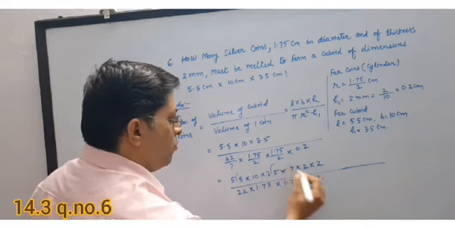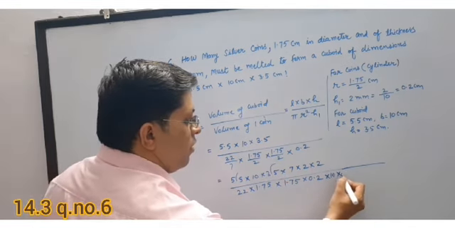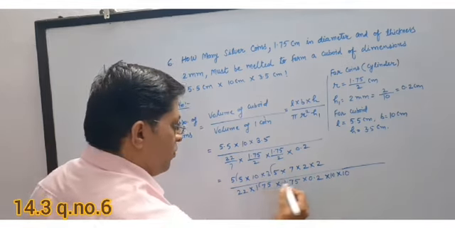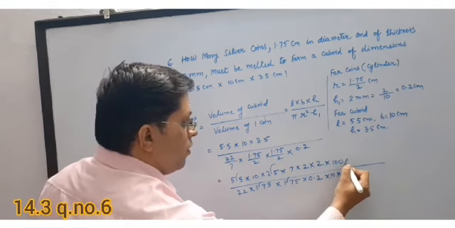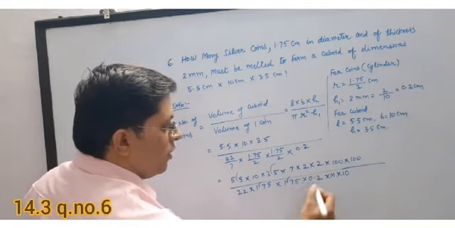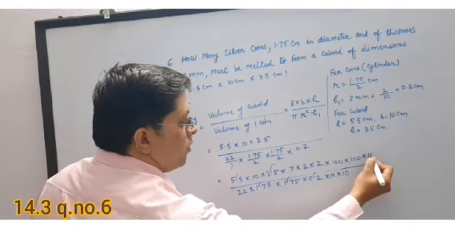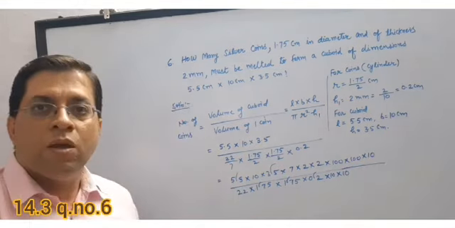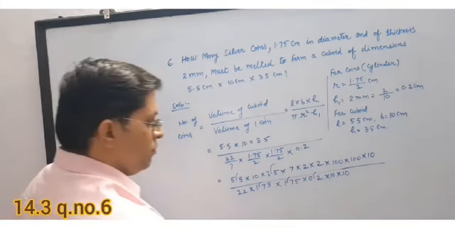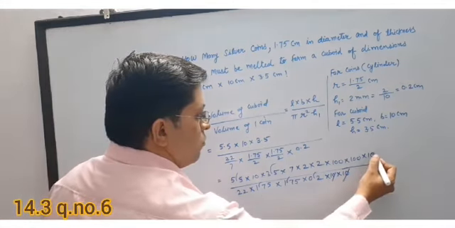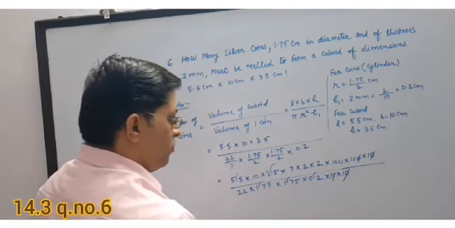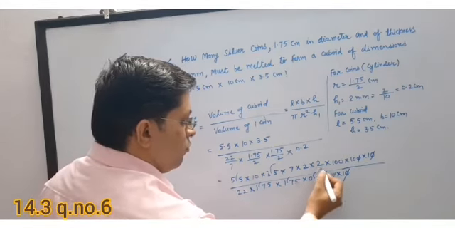Now trying to solve. 10, 10, this is 100. Removing this 100, you will get 10. Now see, 2 zeros, this 2 cut.